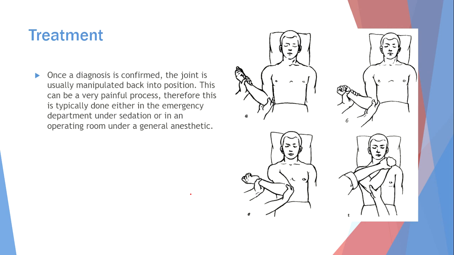In most cases doctors don't use any sedation or general anesthetic in joint dislocation treatment. But this is not right, because when you use sedation or general anesthetic the muscles of the person relax, so when you treat the person, he cannot get any more trauma.